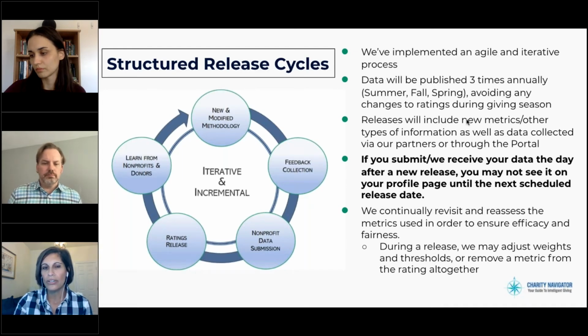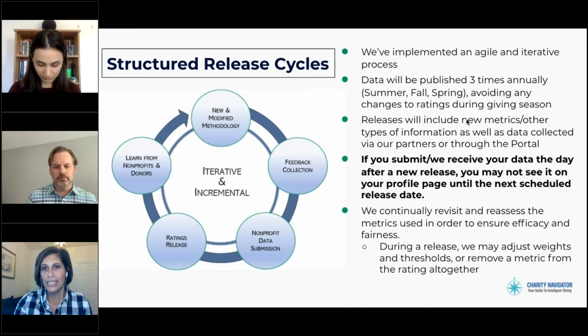And as you see here, the process is based not just on the feedback that we collect every time we have a new or modified methodology that we are considering, but also on the learnings that we receive, what we learn from donors and nonprofits after we have released something. And the reason that's important is that it allows us to tweak and modify even something that we might have released just a few months prior. So it's a very iterative process.